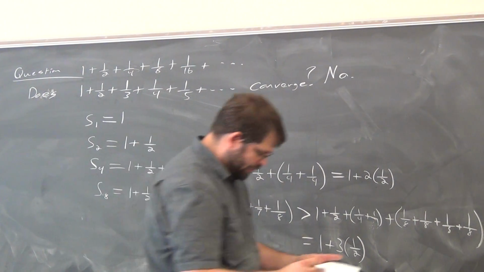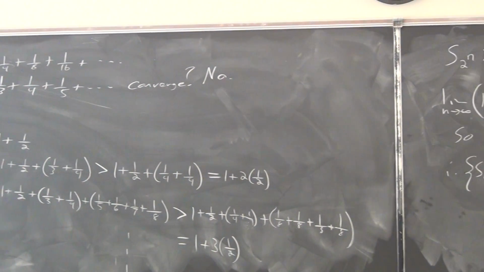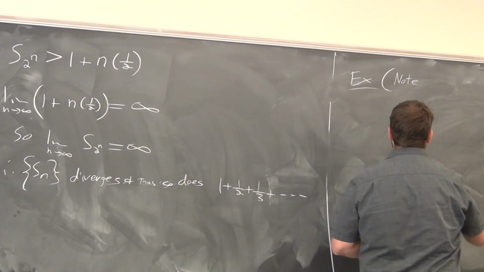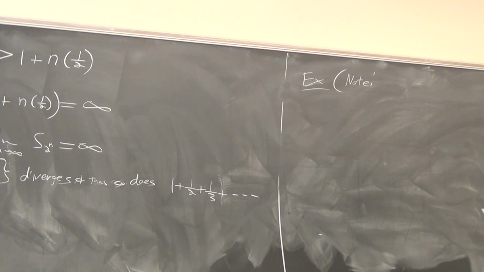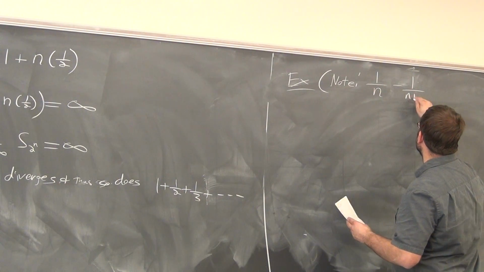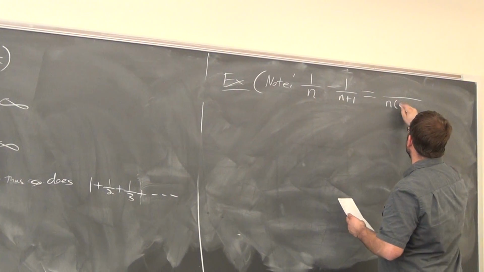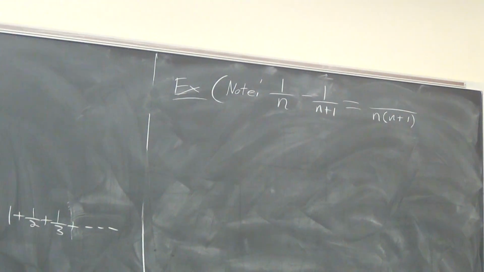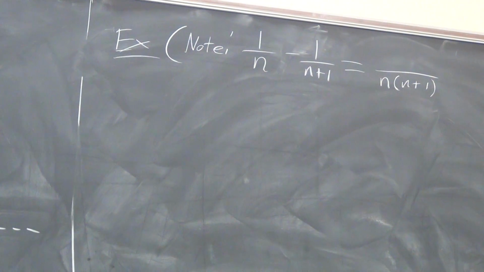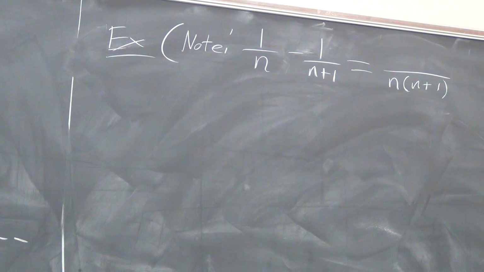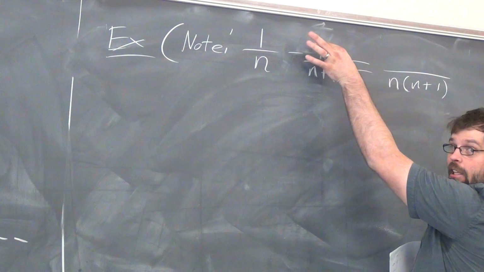Yeah, let's do this before we do the geometric series. All right, I'm going to give you a little hint before we do the problem on this one. Okay, if I just combine these guys into a common denominator, 1 over n minus 1 over n plus 1, what do I get? n plus 1 minus n, right?